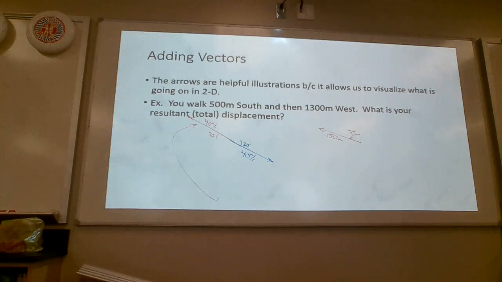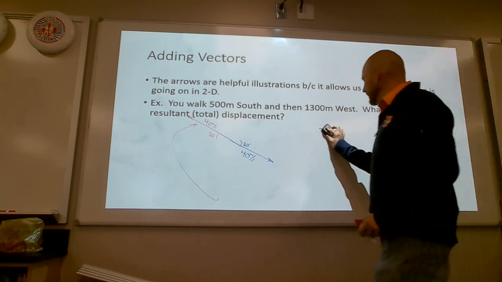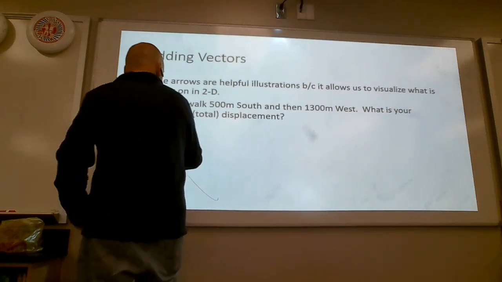So let's say we took a trip, and that trip was 500 meters south, and then we went 1,300 meters west. I want to know the resultant displacement of my trip.